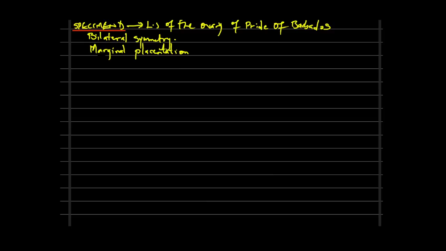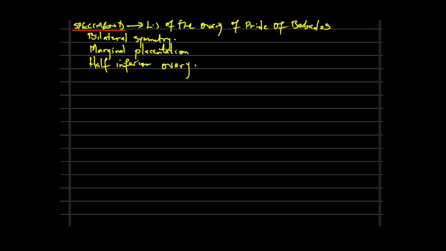We have three types of ovary as well. Half inferior ovary. So like I just said, we have three types of ovary. We have the half inferior ovary, we have the inferior ovary, as well as the superior ovary. These types of ovary are based on the positions of the floral parts respective to the receptacle of the plant.